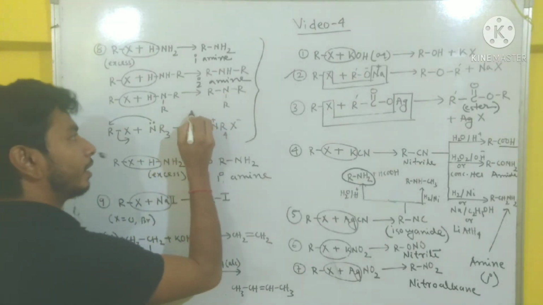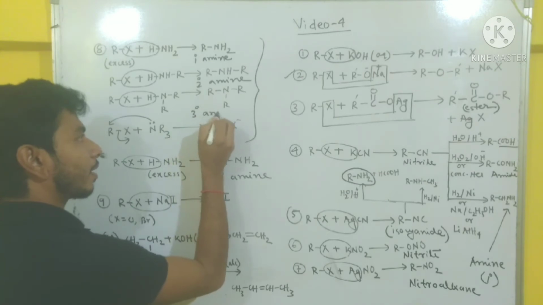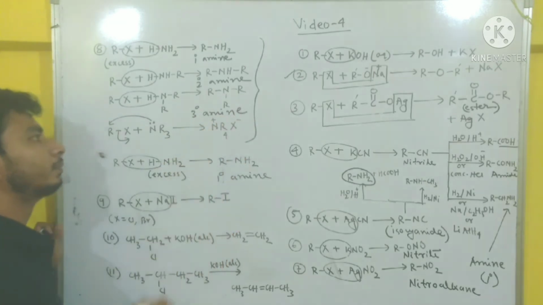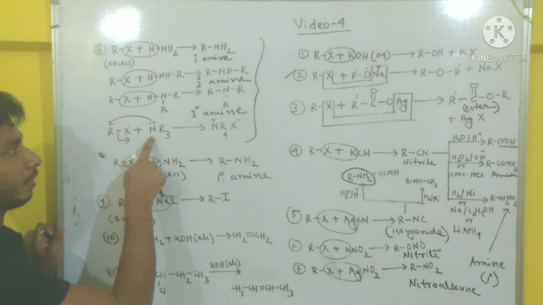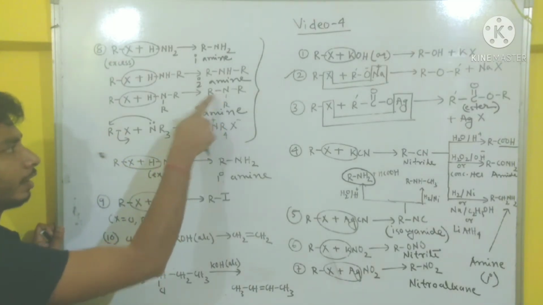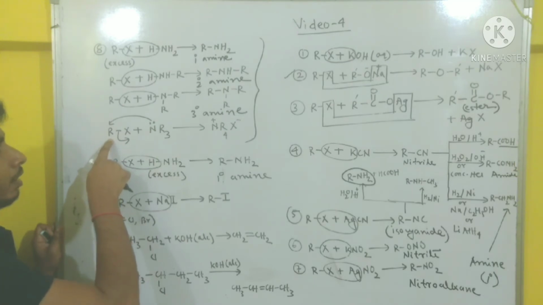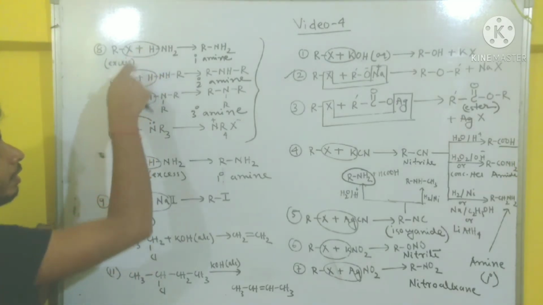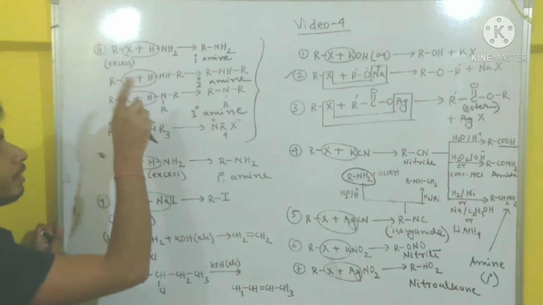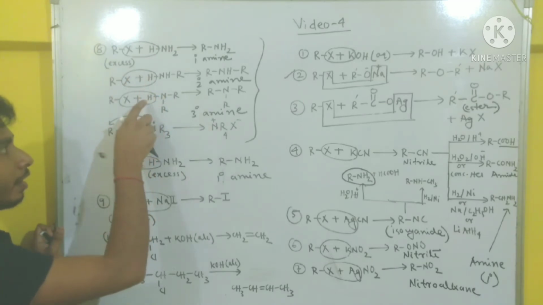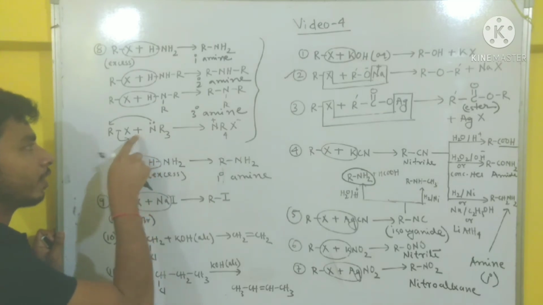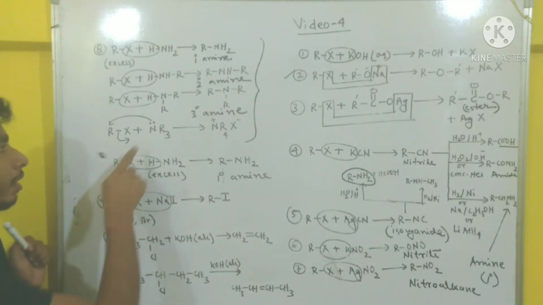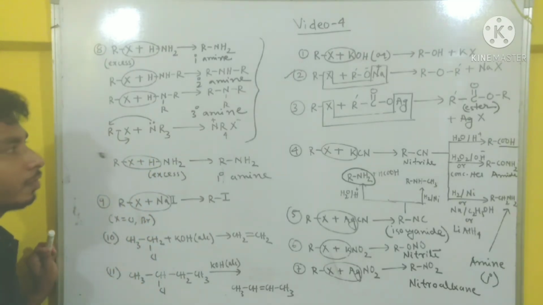Now it is a 3 degree amine. Again RX reacts with the 3 degree amine. In the earlier steps HX is removed, but now nitrogen does not have any hydrogen, so removal of HX is not possible.